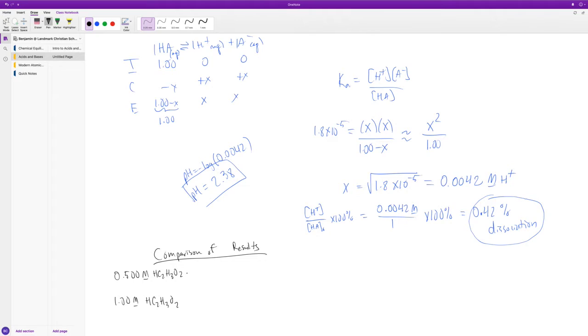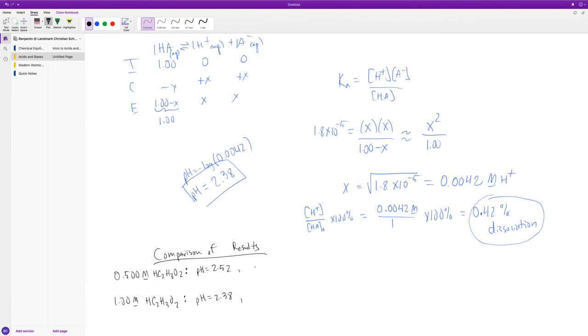Okay, and in the first one we saw that the pH is 2.52. This one we see that the pH is 2.38, so that's reasonable. More acidic, lower on the pH scale.